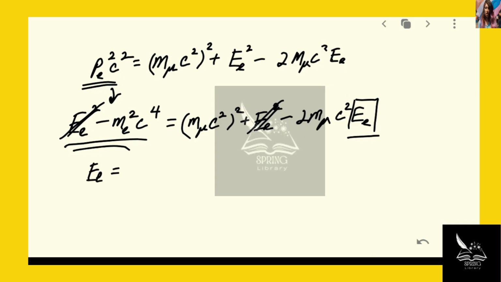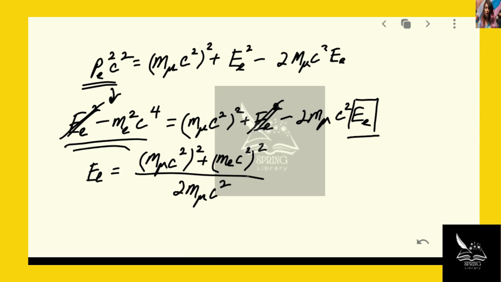So we just have to rearrange, bringing the energy of the electron to the left hand side, and then we have it divided by 2 times the muon rest energy. Now we know that the total energy of the electron is made up of the kinetic energy plus the rest energy.